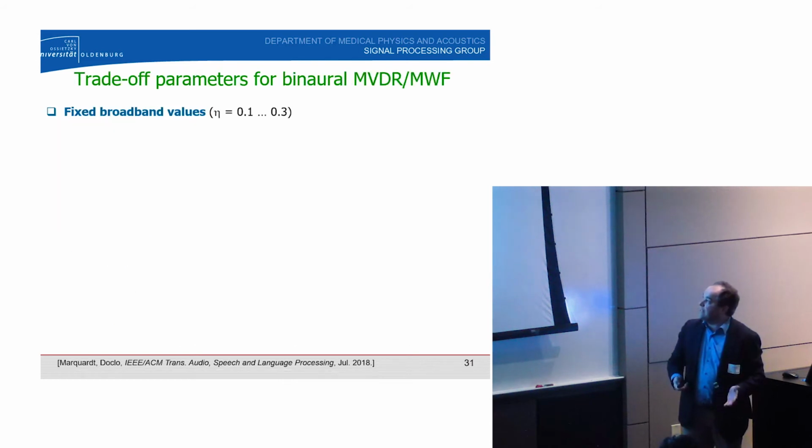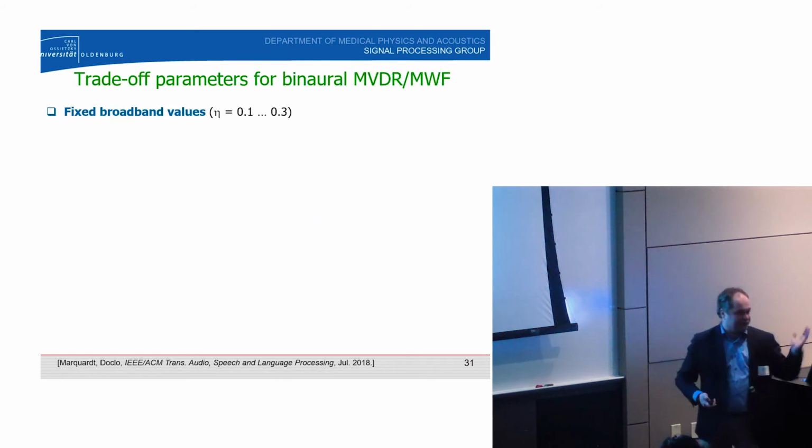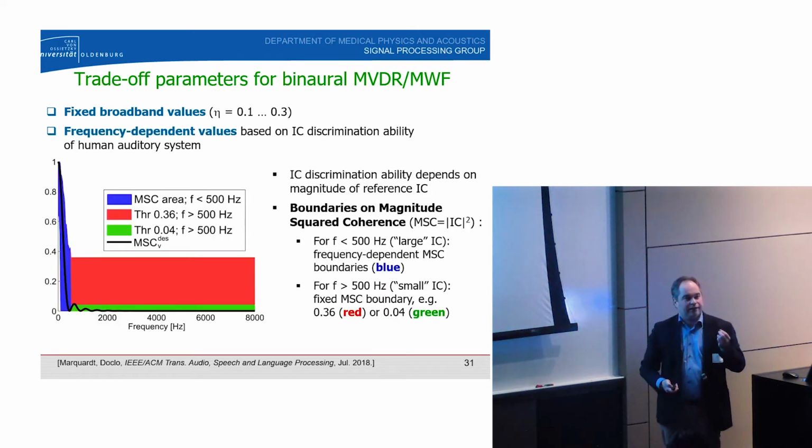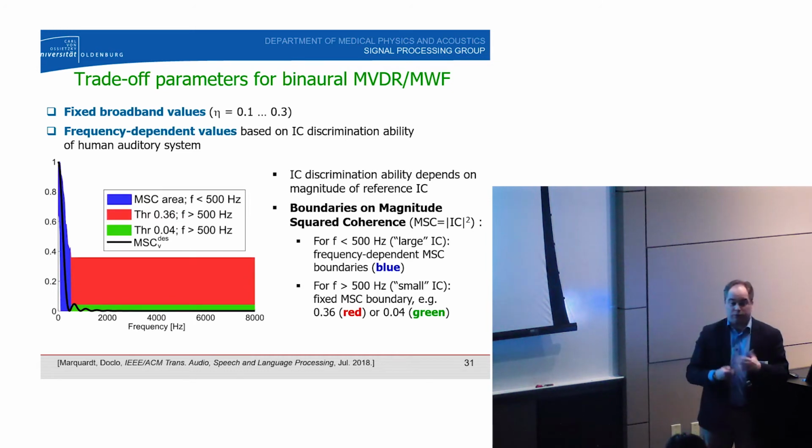There are different techniques that we proposed. If you want it in a simple way, you just use a fixed value. That actually works pretty well, but it's not optimal, of course. We also have some more psychoacoustically motivated approaches. One of them uses frequency-dependent values, which are based on the discrimination ability of the human auditory system for interaural coherence.